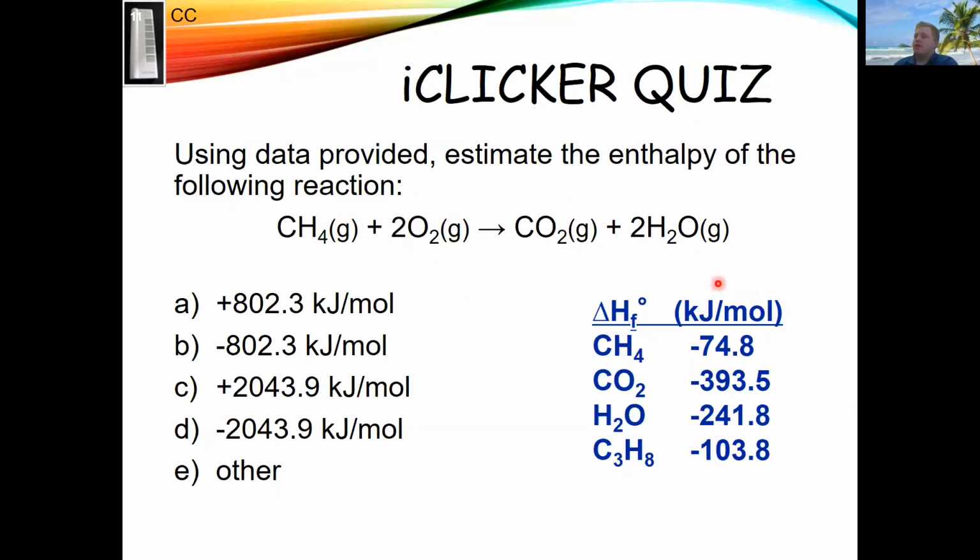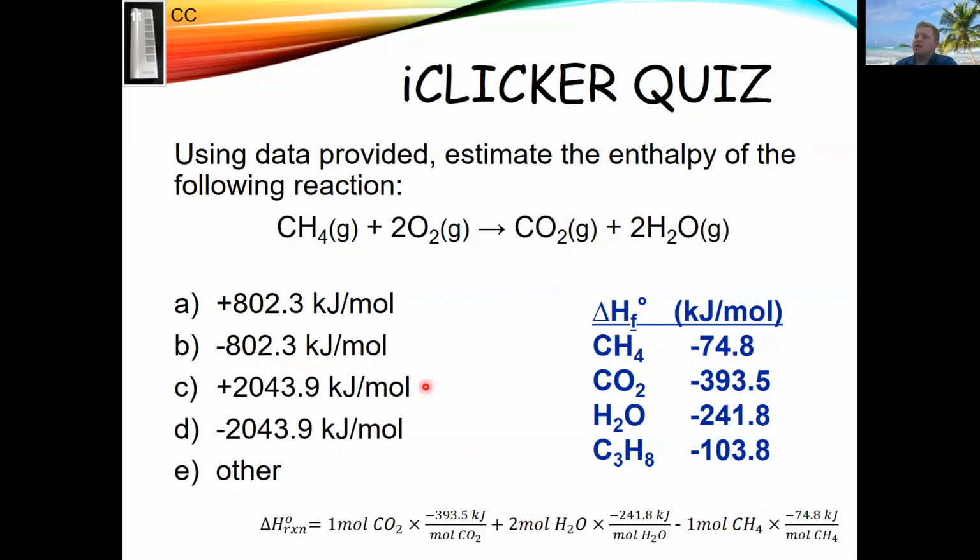Okay, so all we're going to do, we got to look at our table here and find that this is listing delta H of formations. So for delta H of formations, we're going to be taking the products minus the reactants. So we're going to take the delta H of formation for water and CO2. We're going to multiply those by the coefficient in front of these.